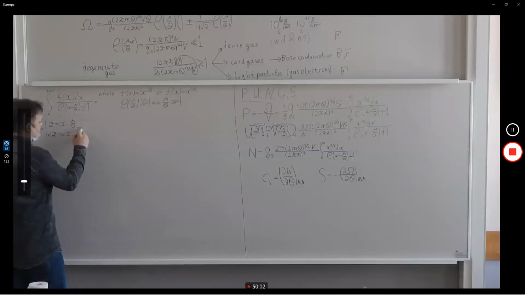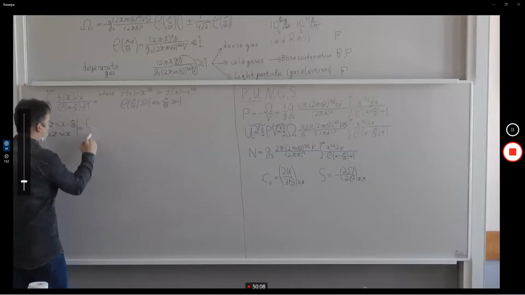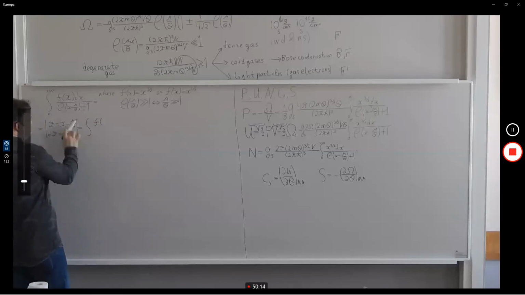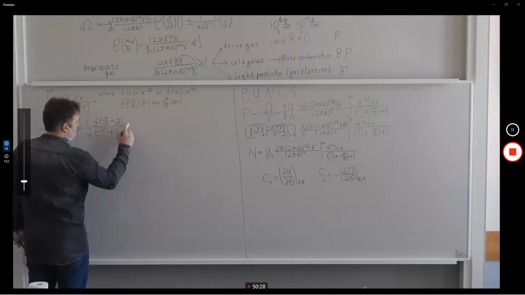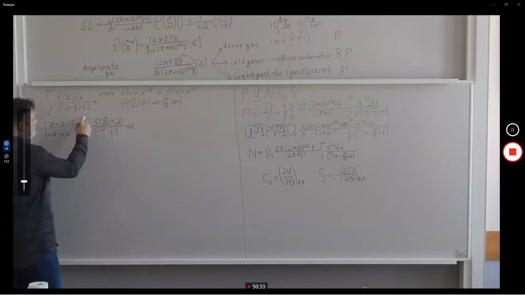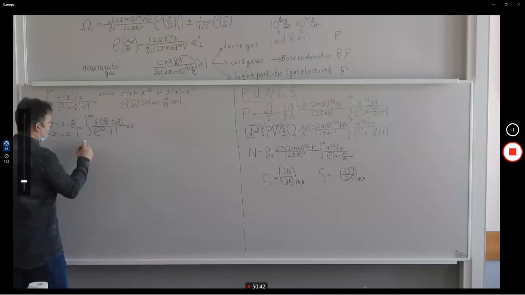So I get something like this. I have x replaced by z plus μ divided by θ. And I will write μ divided by θ first, and z second. And here I will get exponent of z plus 1. The upper integration limit equals infinity, as in the previous case, but the lower integration limit now is minus μ divided by θ.